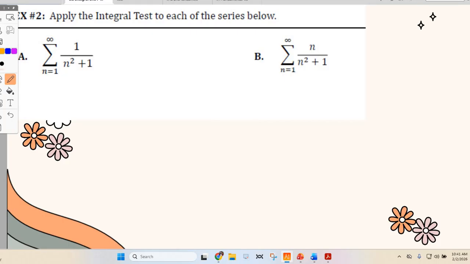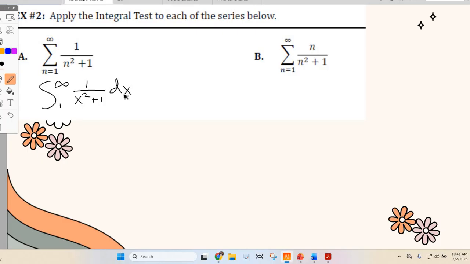So we're going to set up our integral. I'm just going to treat it, so I have 1 to infinity of, I'm just going to replace my n's with x's. So we have an infinite integral here, so an improper integral.